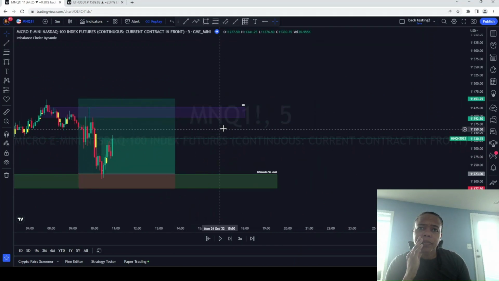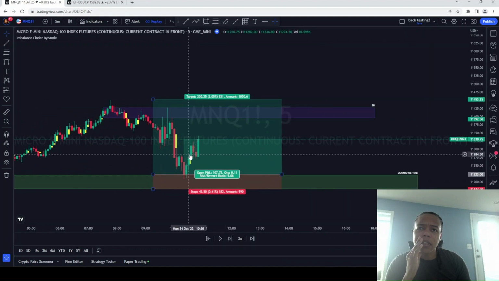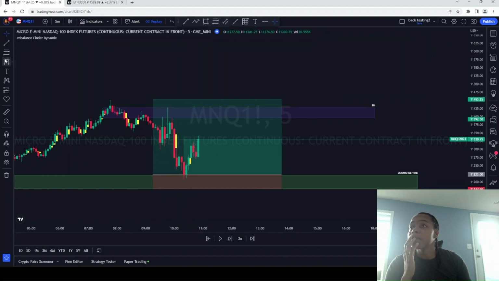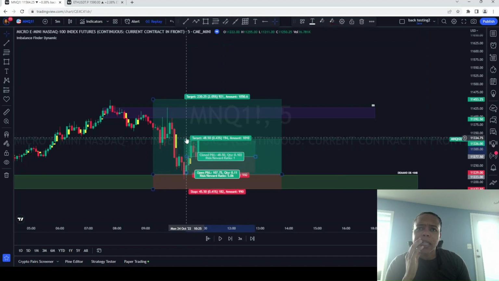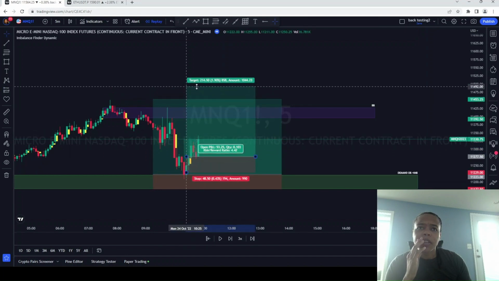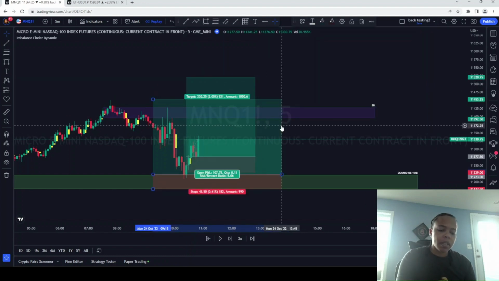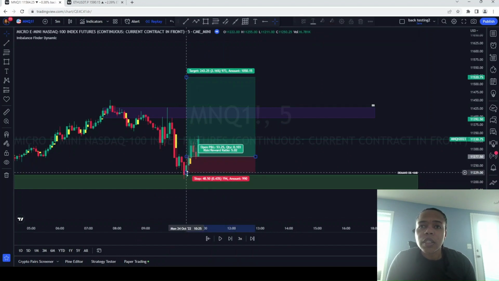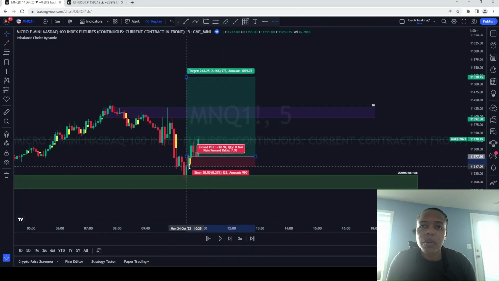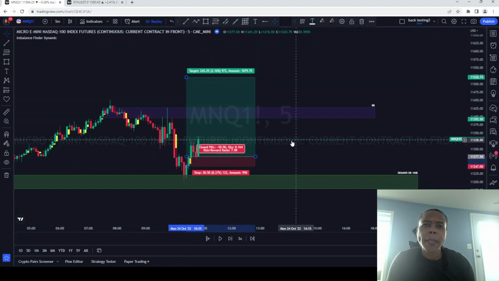Technically this is a break. Using the top of that order block and then 1 to 5, that would have been a good entry, and then put our stop below this candle right here.